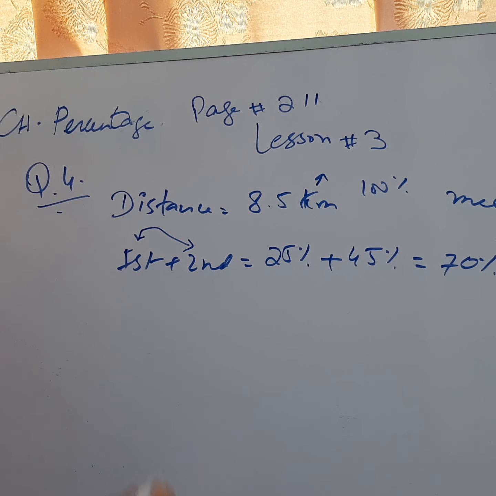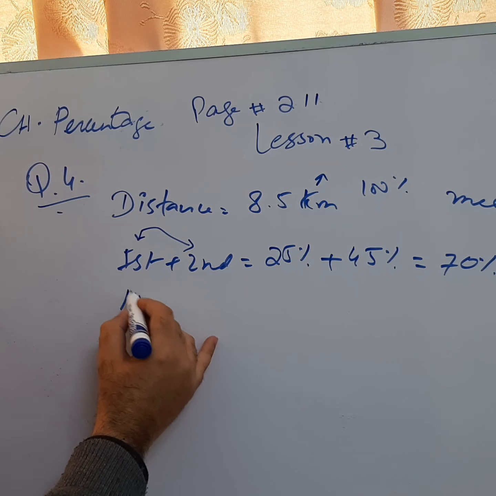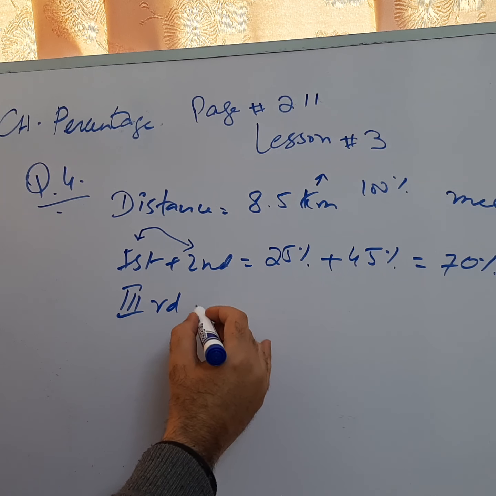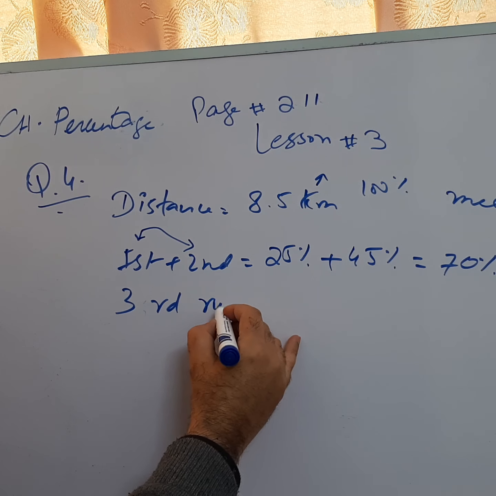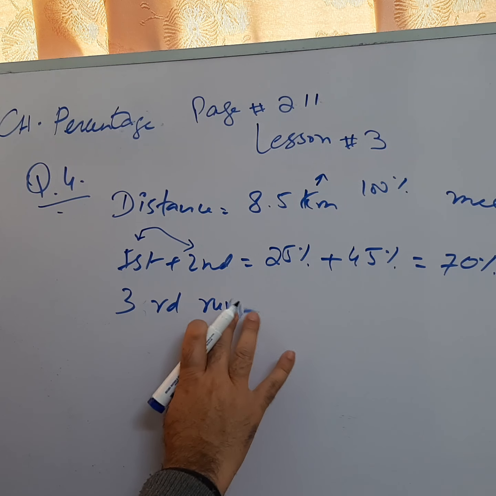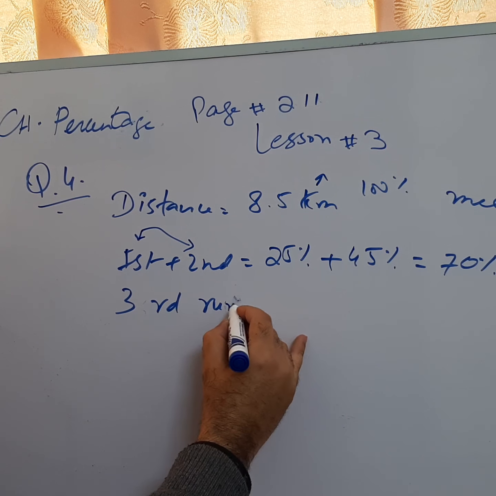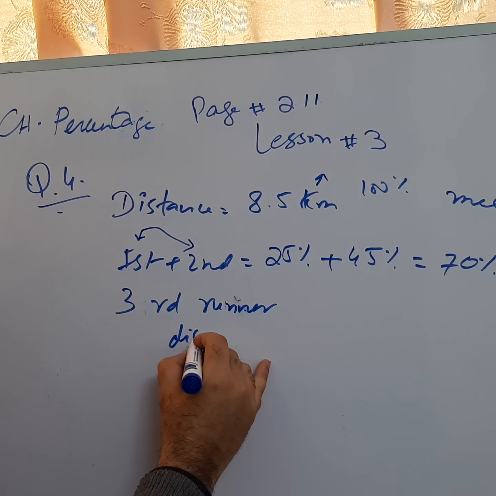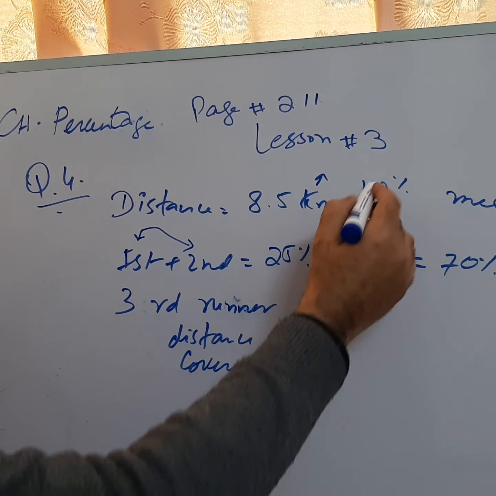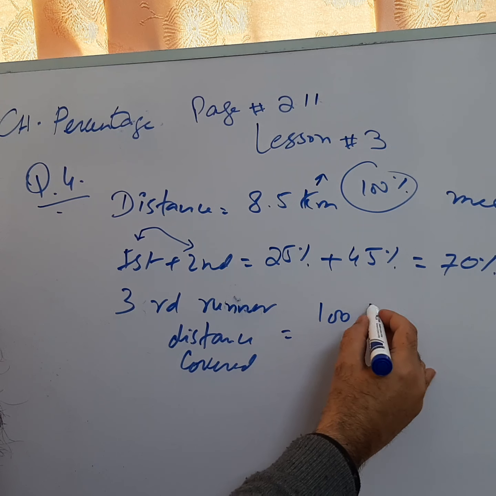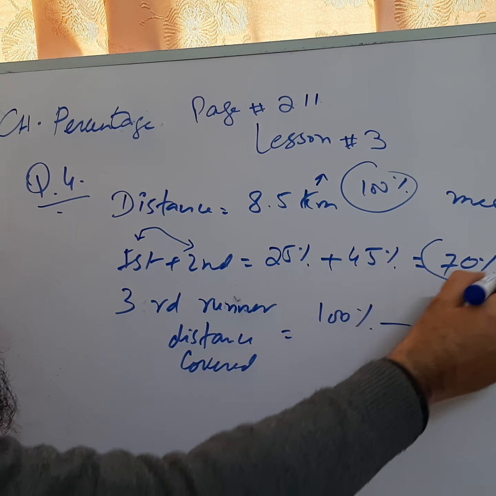Okay, so how much distance was covered by the third? We write it like this: third runner distance covered, how much? Total is 100%. Just subtract this 70% which is done by the first and second.